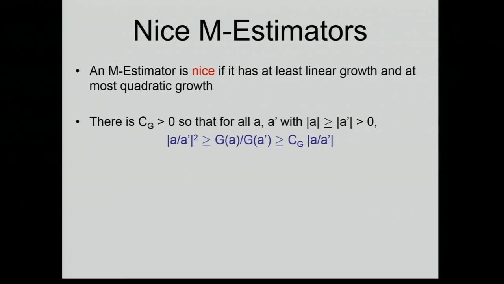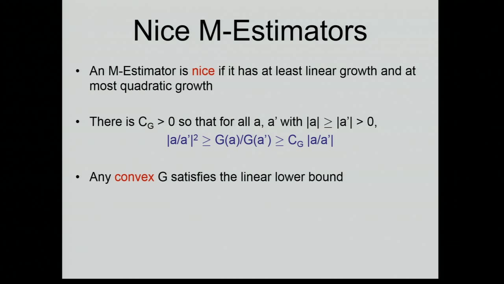There's some constant c of g depending on the function used to define the M-Estimator, so that for all numbers a and a prime, where the absolute value of a is at least the absolute value of a prime, the ratio of g of a to g of a prime is at most quadratic, a over a prime squared, and at least linear times this constant c of g. Okay, so an M-Estimator is nice if it has this property.